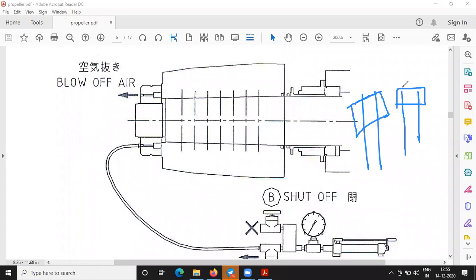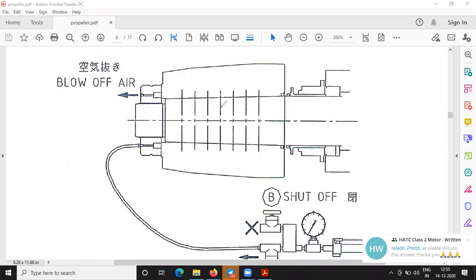So how do we properly align it? As it is very heavy, we are not operating it manually; there are chain blocks which have a lot of flexibility. These things are hung onto the chain block, and we are pushing it inside. So the possibility of the center axis of the propeller boss meeting the center of the propeller shaft is very difficult. In that case, that's why first we'll use the dry method.